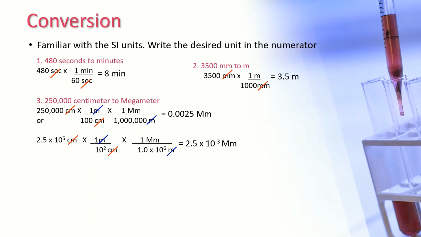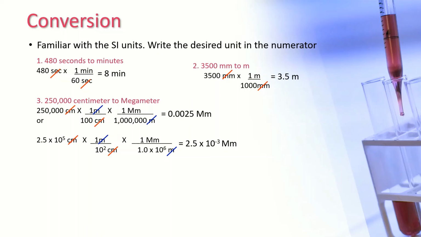In the next example, number 3, convert 2,500 centimeters to megameters. So, before you can arrive at the desired unit, you have to have at least 2 conversions. There are 100 centimeters in 1 meter, and there are 1 million meters in 1 megameter.